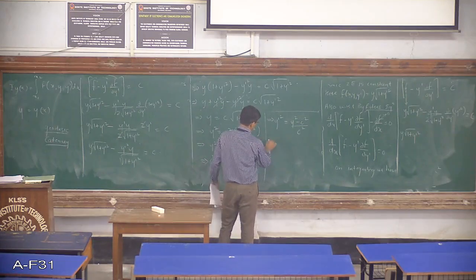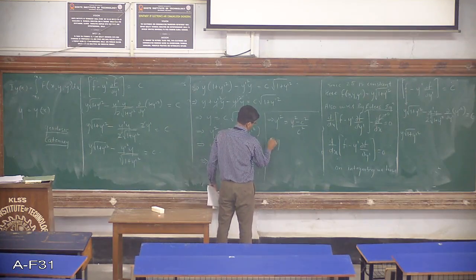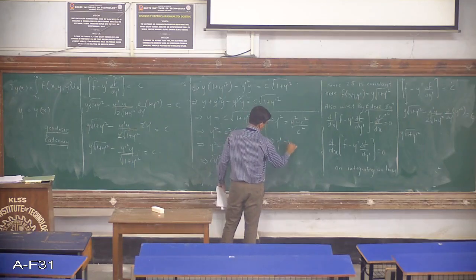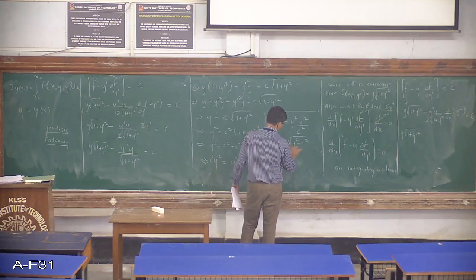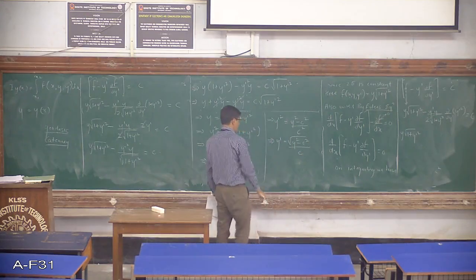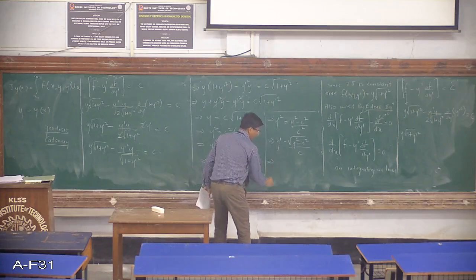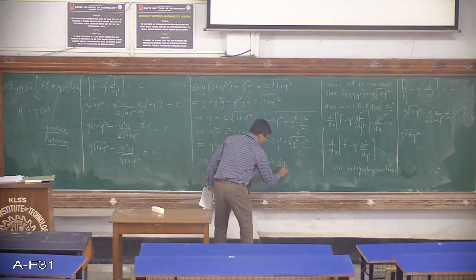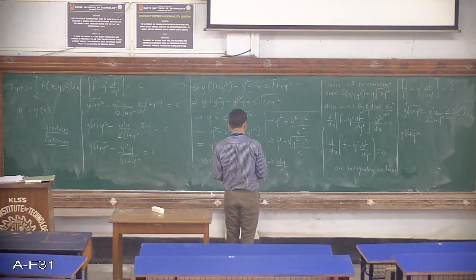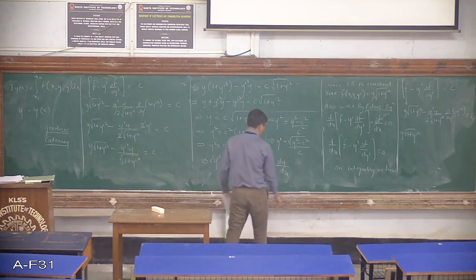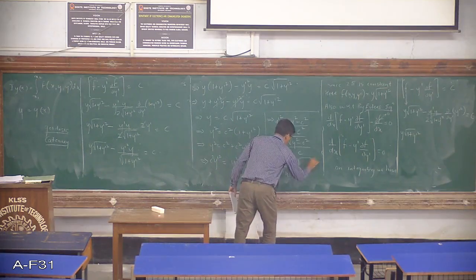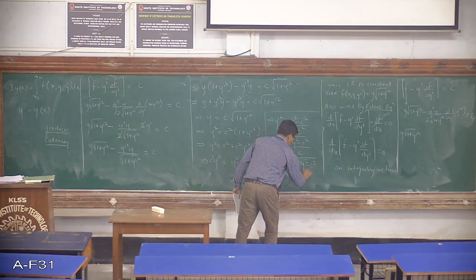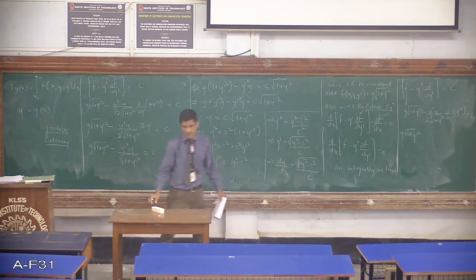Now on square rooting, I get y prime is equal to the square root of y square minus c square divided by c. This y prime I can write as dy by dx, which is equal to square root of y square minus c square divided by c, fine.